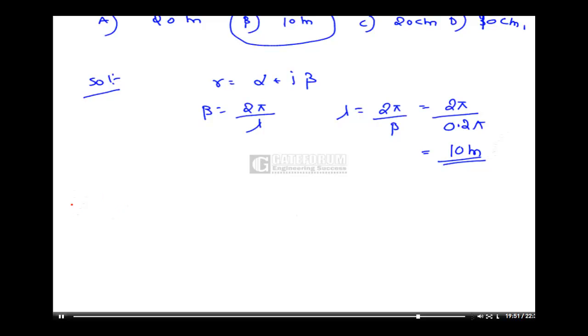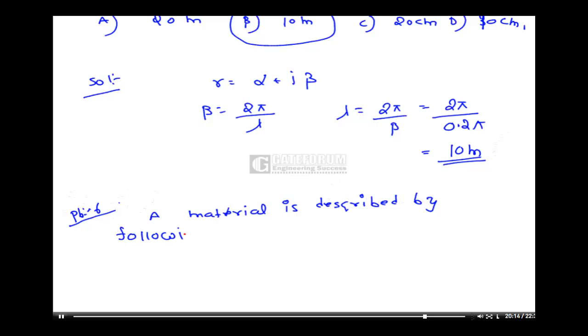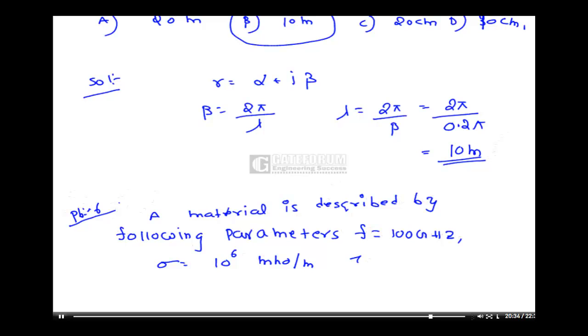The next problem is problem 6. A material is described by the following parameters: f = 100 gigahertz, sigma = 10^6 mho per meter, mu = mu naught, epsilon = 10 epsilon naught.